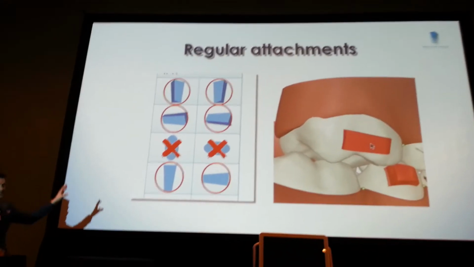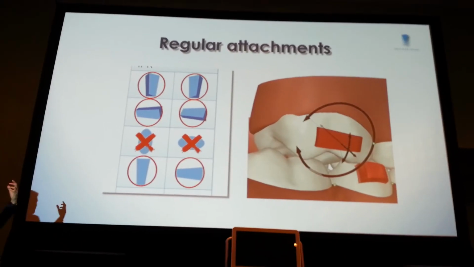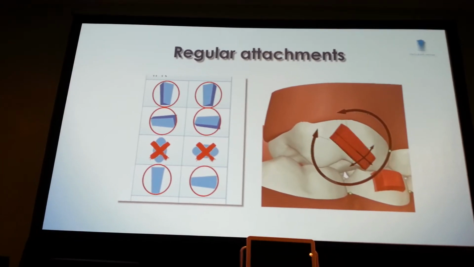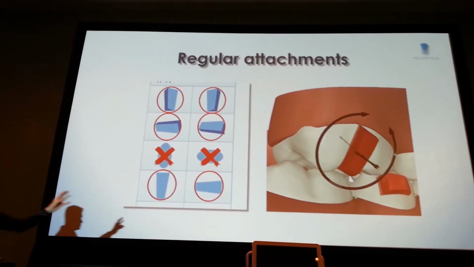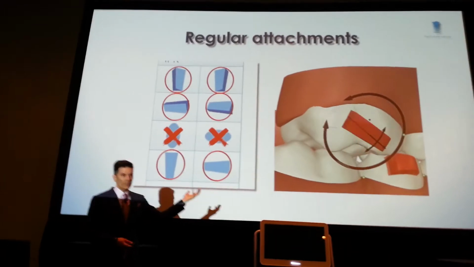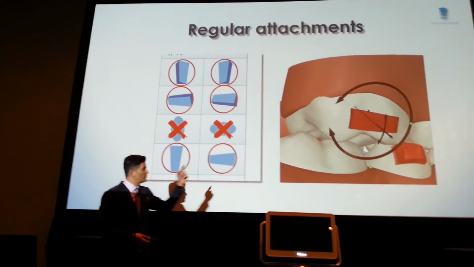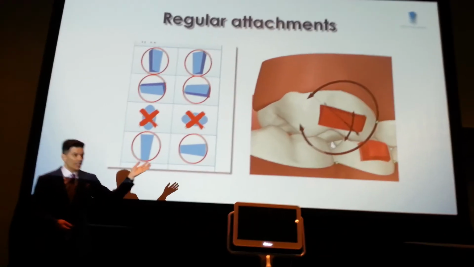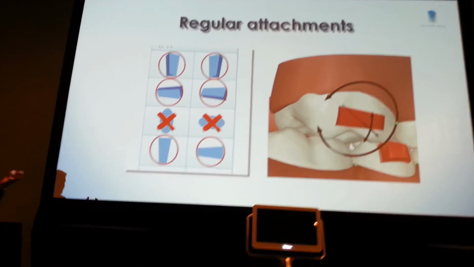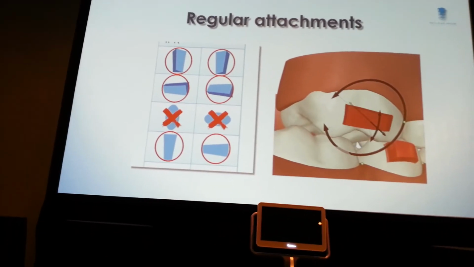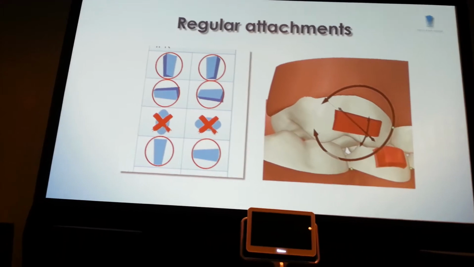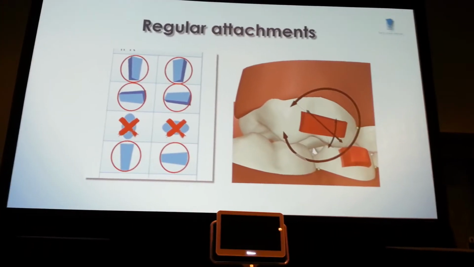The other 6 attachments are basically all the same attachment, because once you put it on the tooth, you can do whatever you want with it. You can turn it, change the angulation, the width, the length, put it to 3, 4, or 5 millimeters.